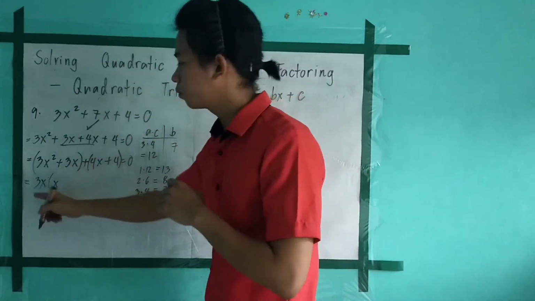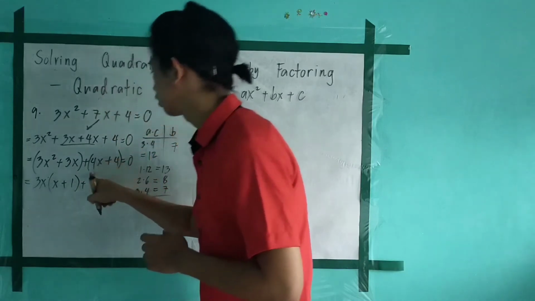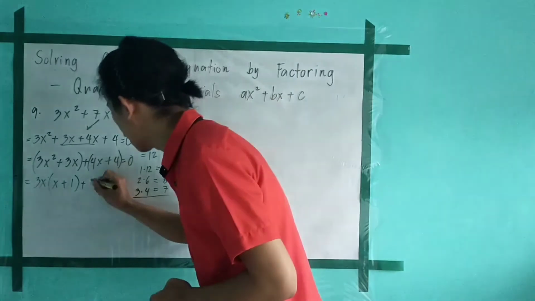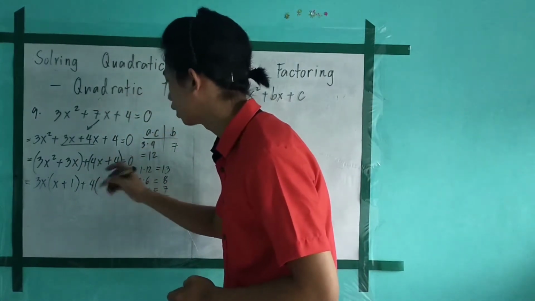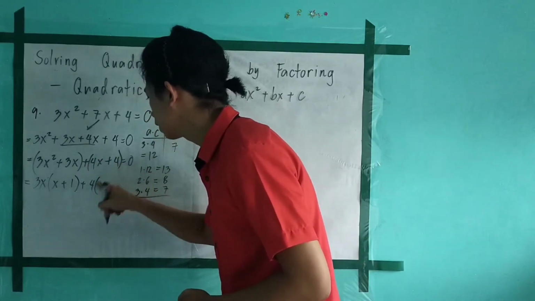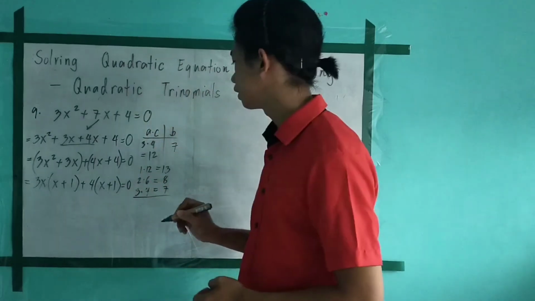Then, 3x divided by 3x, we have 1. Plus, dito naman, 4x plus 4. Anong GCF? We have 4. Then, divide its term by 4. So, 4x divided by 4, we have x. 4 divided by 4, we have 1. Is equal to 0. Ayan.